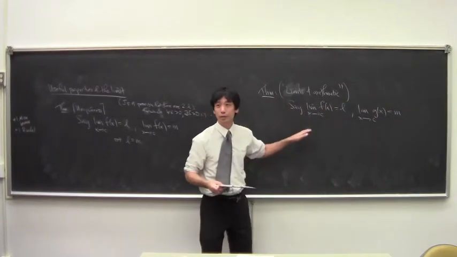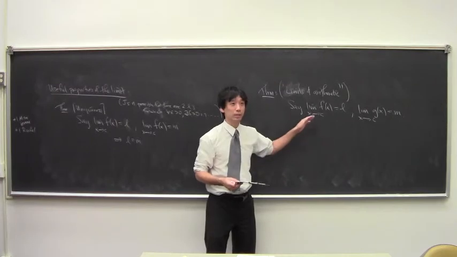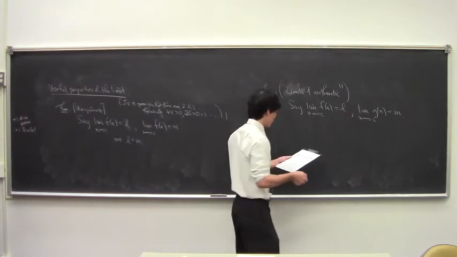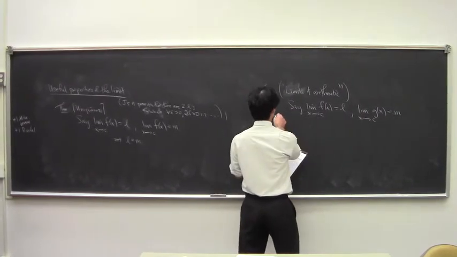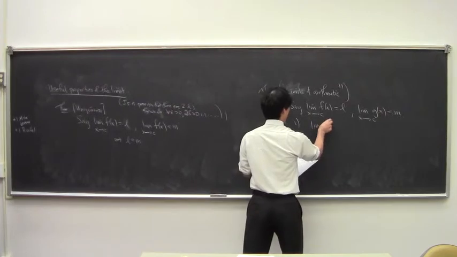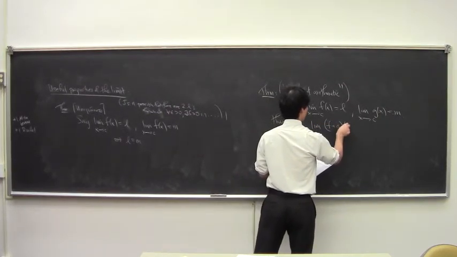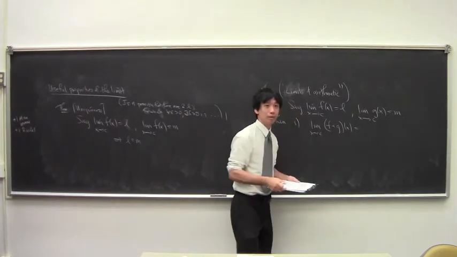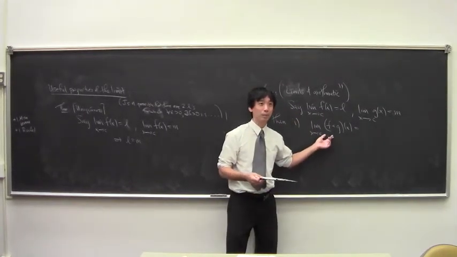So you have two functions. One has a limit of L, one has a limit of M. Then, first off, the limit of the sum function as x approaches c is going to be what?